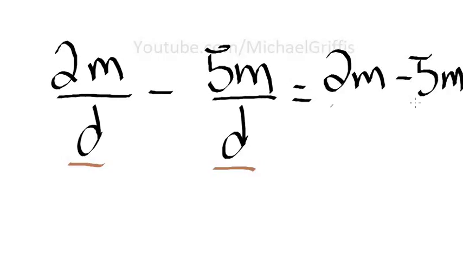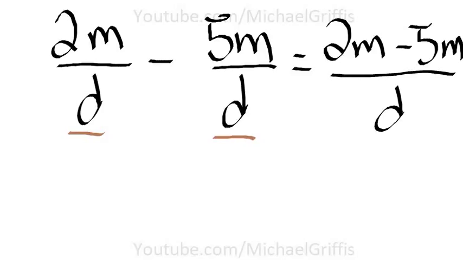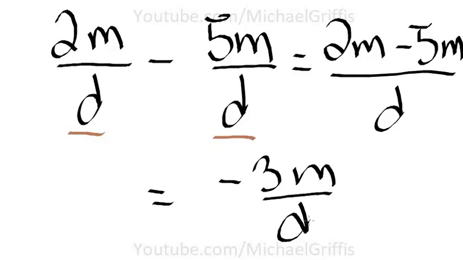Since 2m and 5m are like terms, we can just subtract them. 2m minus 5m is negative 3m over d. Negative 3m over d. Now you notice that negative looks like it's up in the numerator. We could just pull it out to the front if you want. Okay, pull it right on out into the front.